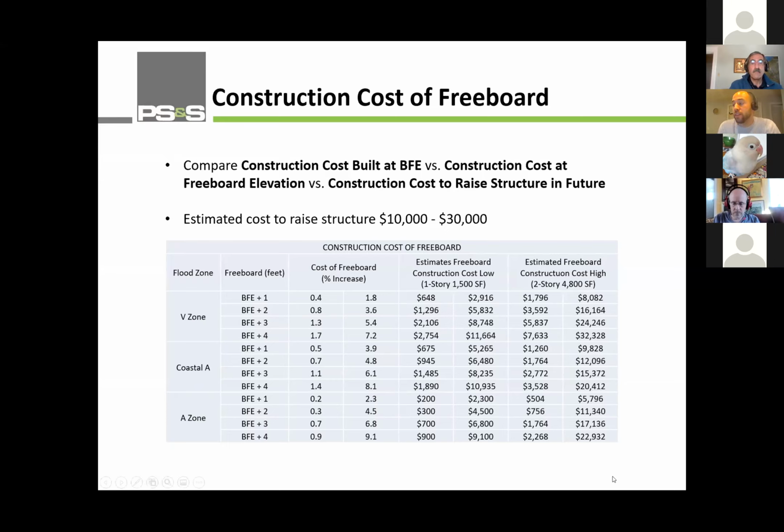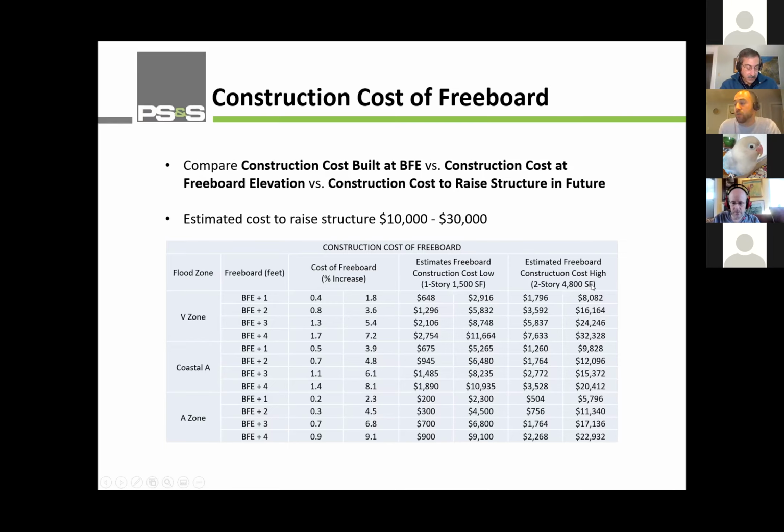So what this table here is showing, it's taking that study that I shared with you earlier, the American Institute for Research, they estimated how much it would cost to build certain structures within a floodplain. So on the low end, they had a 1-story, 1,500 square foot building.